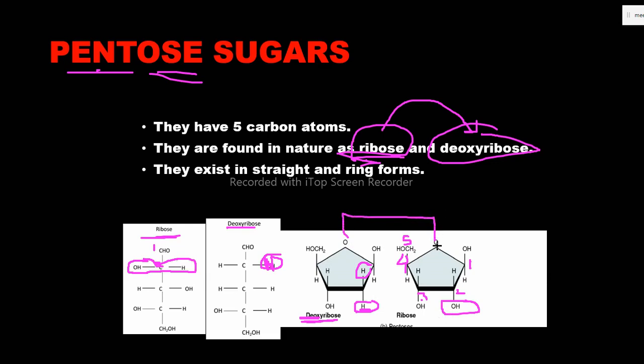You find a ribose sugar in RNA, ribonucleic acid, but you find a deoxyribose sugar in DNA. You cannot find the ribose sugar in DNA, and you cannot find deoxyribose sugar in RNA.